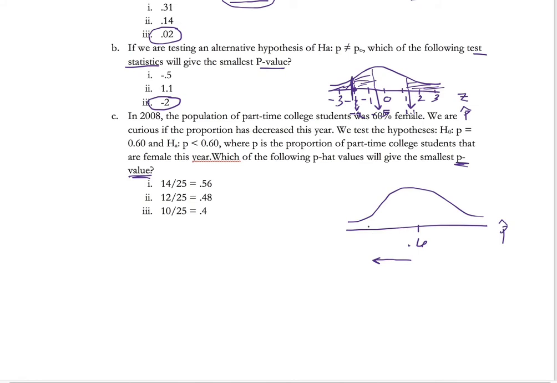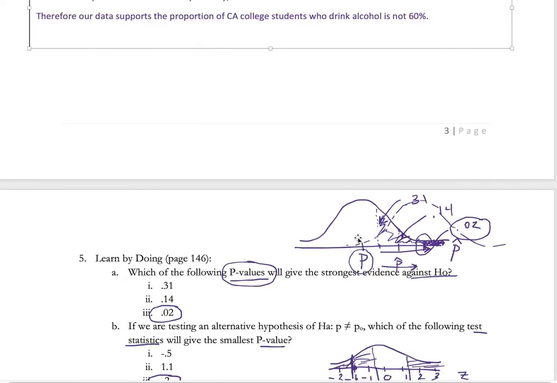Let's forget about scaling for a minute. I don't know where they'll be because we don't know what the standard deviation is here. But remember that the p-value is the area outside. So the value here that's going to have the smallest area outside has to be the smallest p-hat value.